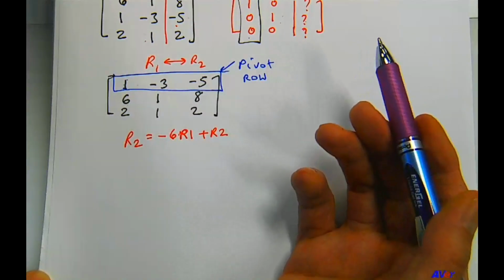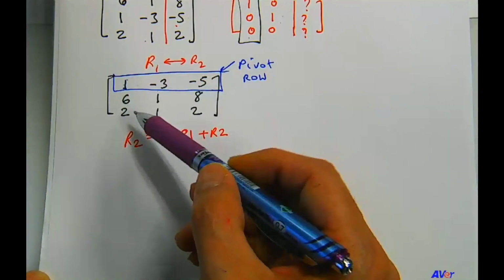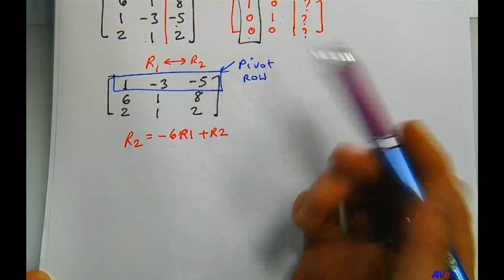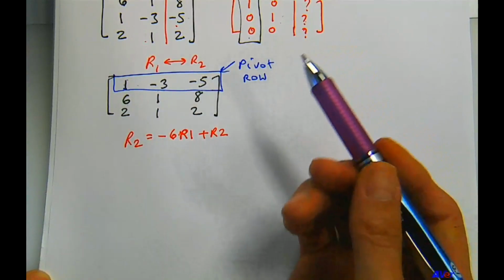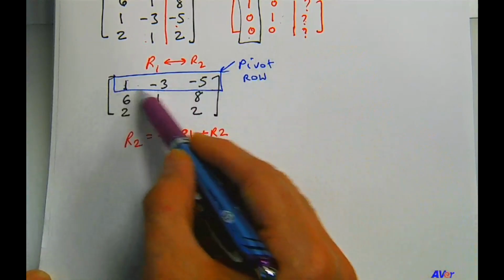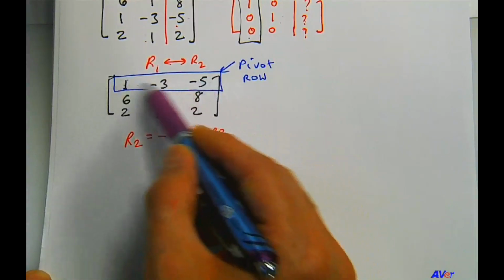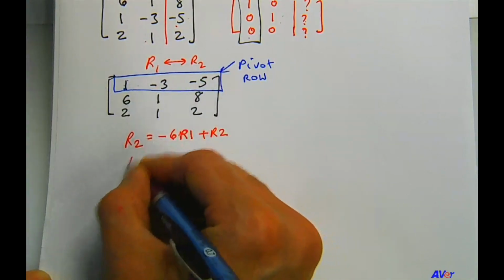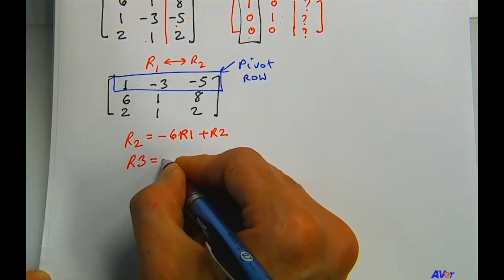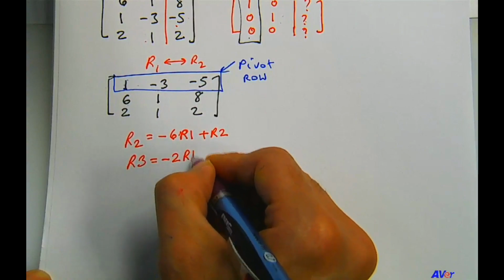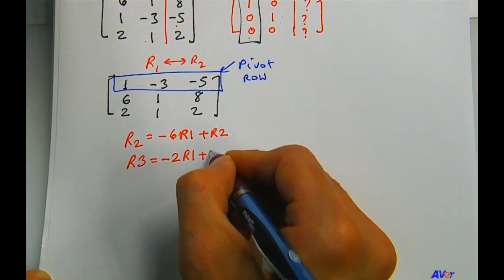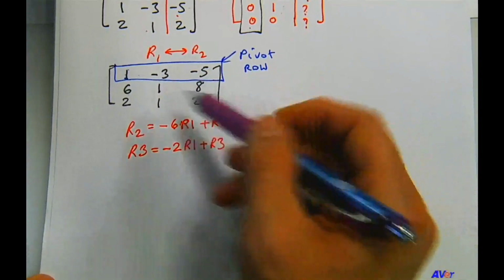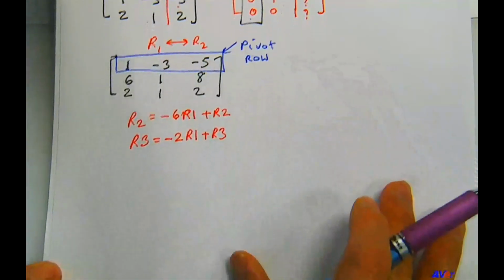Well, all we need is to add a -2 to this, and we're going to get a 0. But where is the -2 going to come from? It's going to come from multiplying the pivot row by -2 and adding it to the third row. So let's do that. Row 3 is equal to minus twice row 1, which is the pivot row, plus row 3. So these are the 2 row operations that will help us convert the 6 and 2 to zeros.